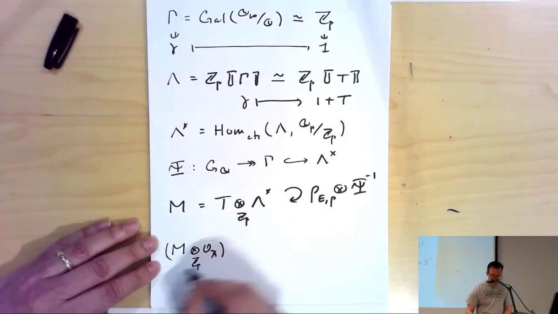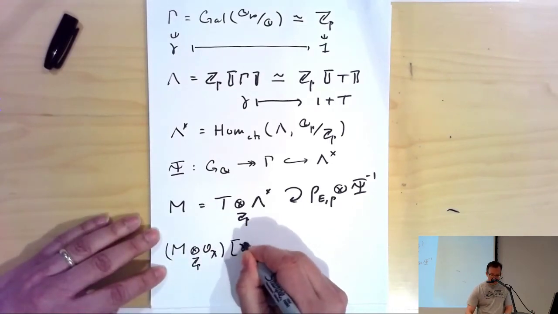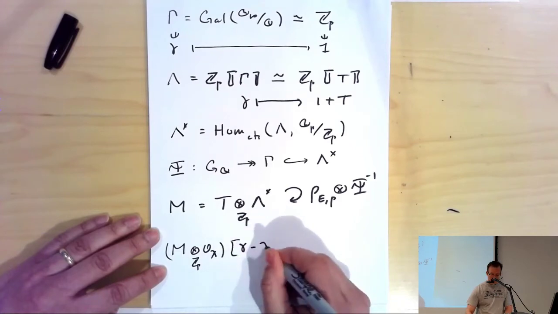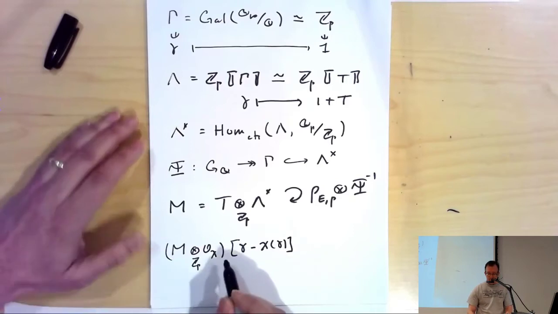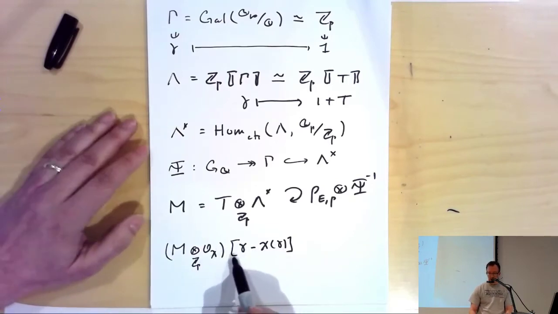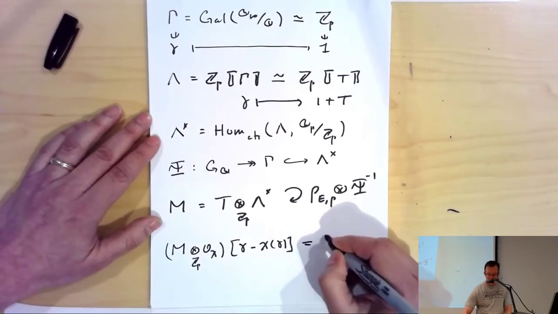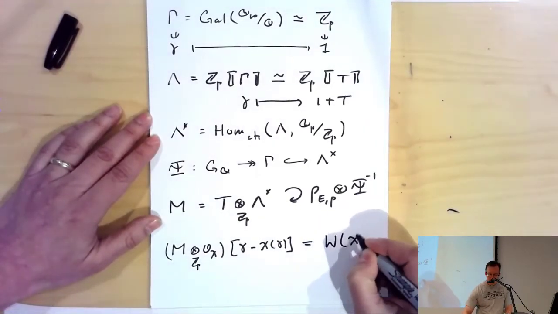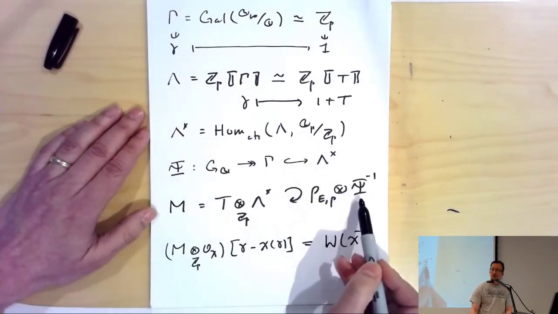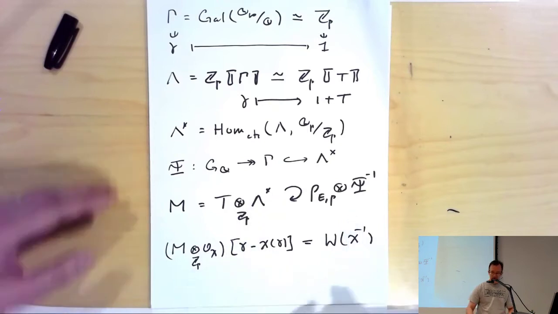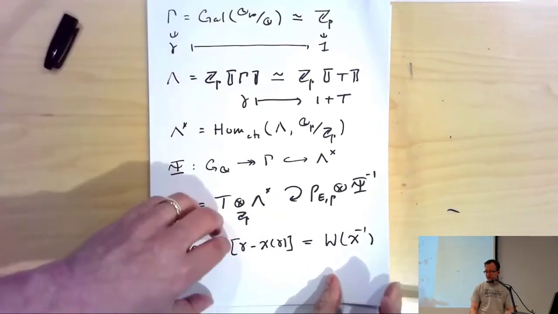So if I look at M extend scalars from Z_p to O_chi, then I can look at the subgroup where gamma is acting by chi of gamma. So in other words, the multiplication by gamma minus chi of gamma is 0, so I'm looking at the torsion there. Then that's naturally identified with W twisted, well, by chi inverse because of this inverse of this character. And I think I left off the inverse in one of yesterday's formulas too. So that corrects some of the things that were confusing.